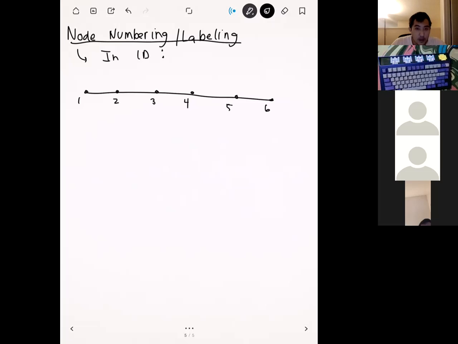Going from left to right here, we had 1, 2, 3, 4, 5, 6. These numbers served several different purposes. The first purpose is just to know which node is where. But when we put together our set of linear equations, our matrix A times X is equal to B, these node numbers also defined what rows in the matrix to put our equations.